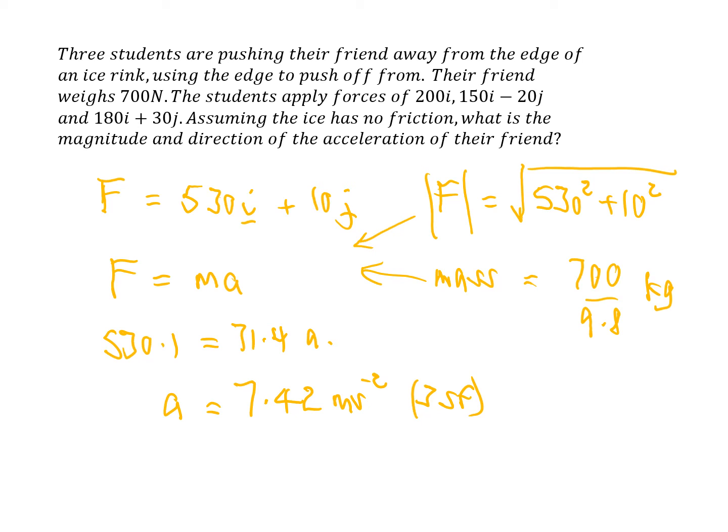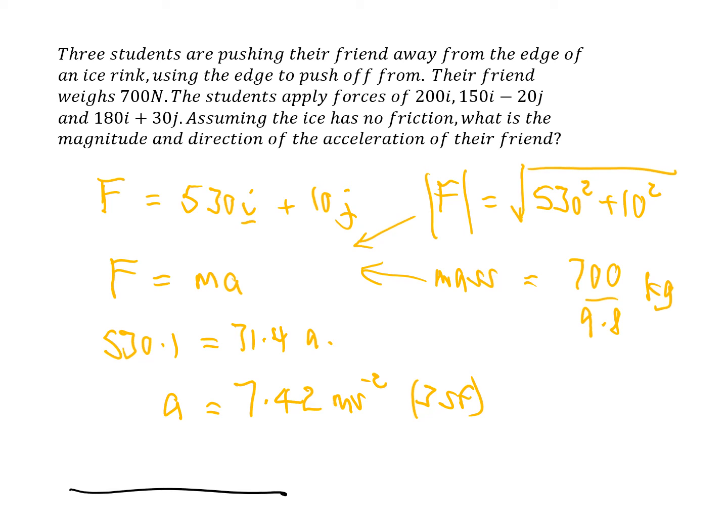Okay, so I need the direction of the acceleration as well now. The acceleration is going to be in the same direction as the resultant force, and the resultant force looks like this.